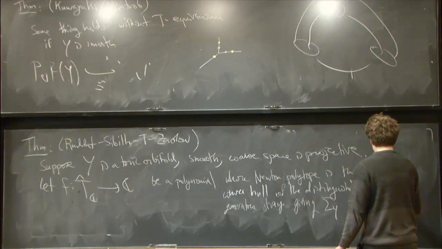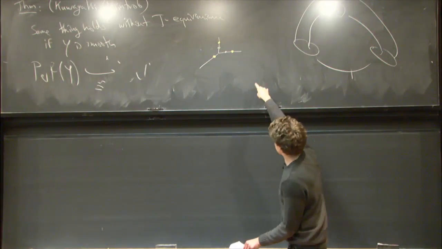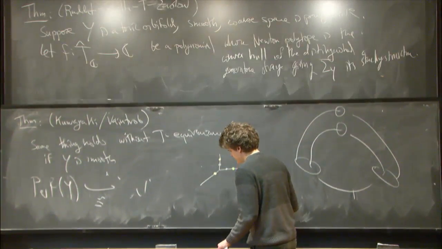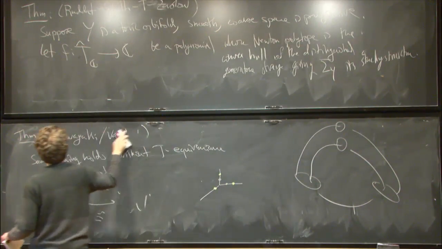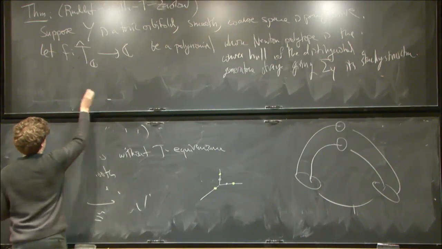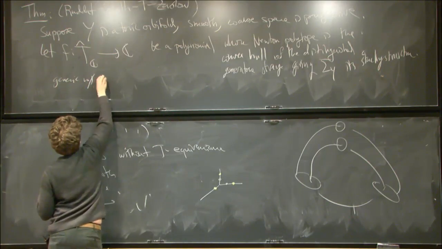So for example, those green dots, and suppose that f is generic with this property.